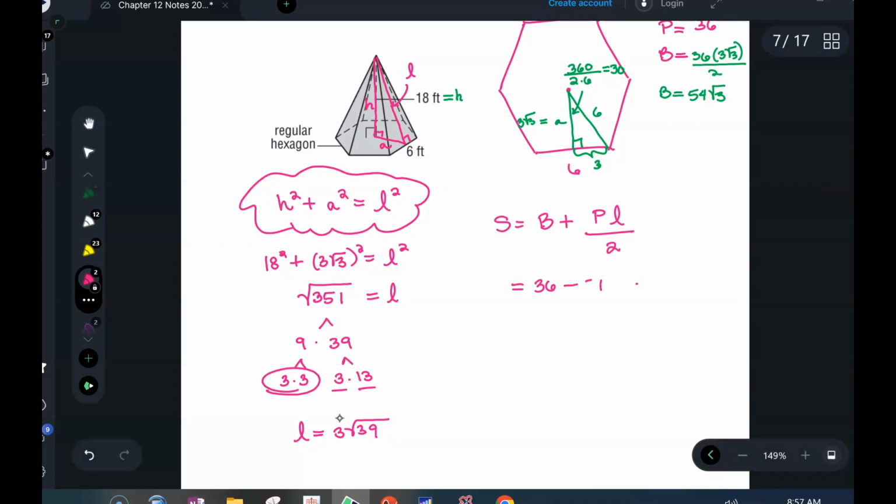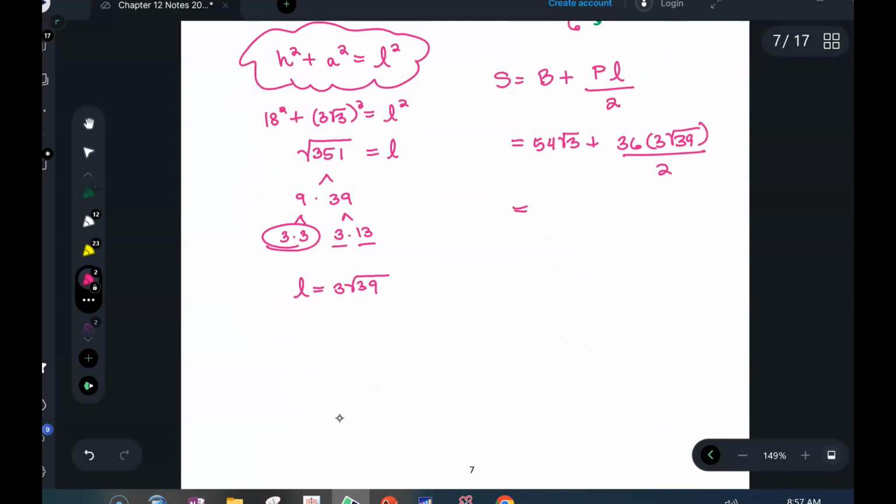Plus 36. And 3 root 39 divided by 2. No, we're at the last step. How do we do that?